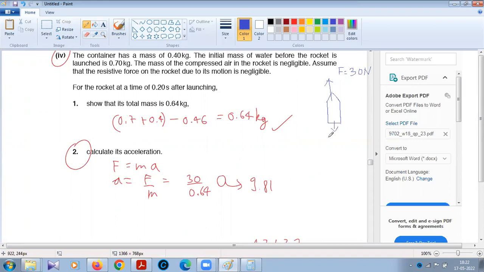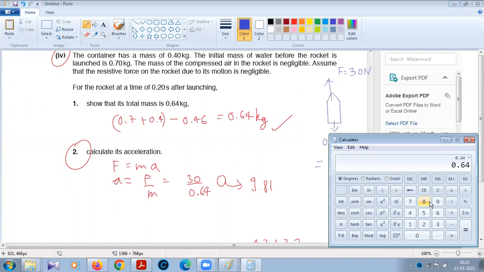So the mass left is how much? 0.64 kg. If I take g as 9.8, so 0.64 into 9.81, that is the weight, acting in the downward direction.